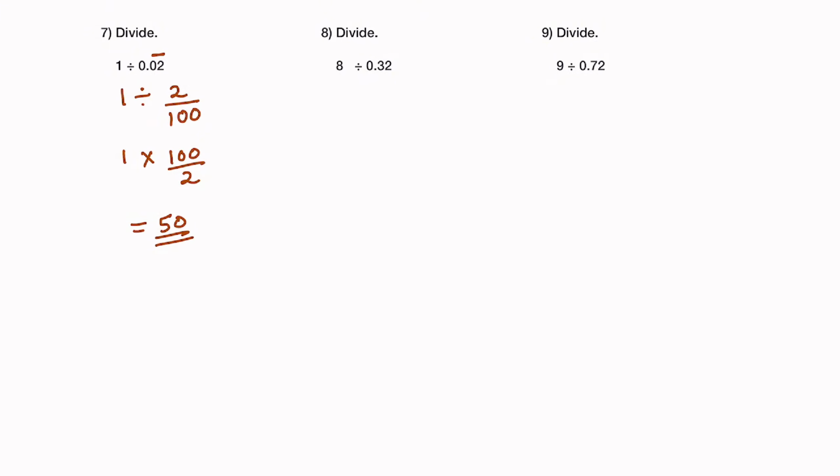Next is 8 divided by 0.32. So we write 8 divided by 32, that's 32 upon two decimal places. So we say 100. Then we say 8 times 100 upon 32. We know 8 goes in 32, right? So 8 times 1 and 8 times 4.